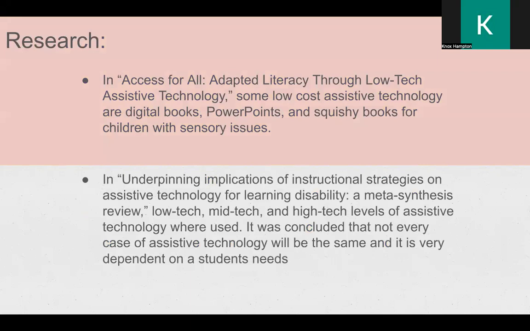Now, for my research, I found six articles, and in the first one, Access for All: Adapted Literacy Through Low Tech Assistive Technology, some low-cost assistive technology are digital books, PowerPoints, and squishy books, which I really like for children with sensory issues.